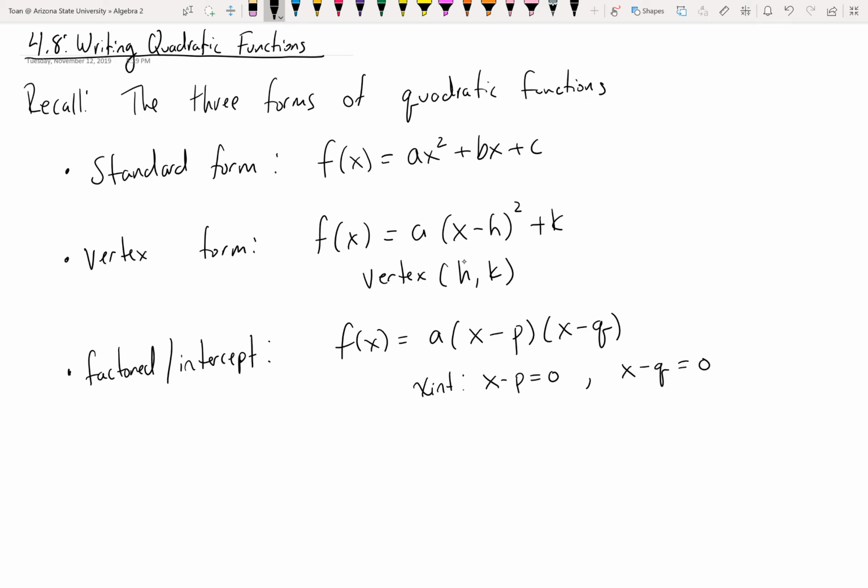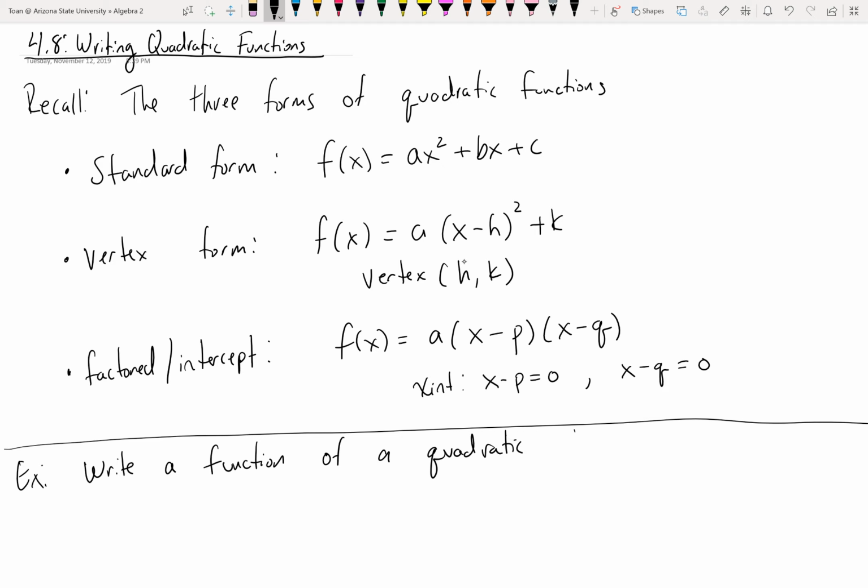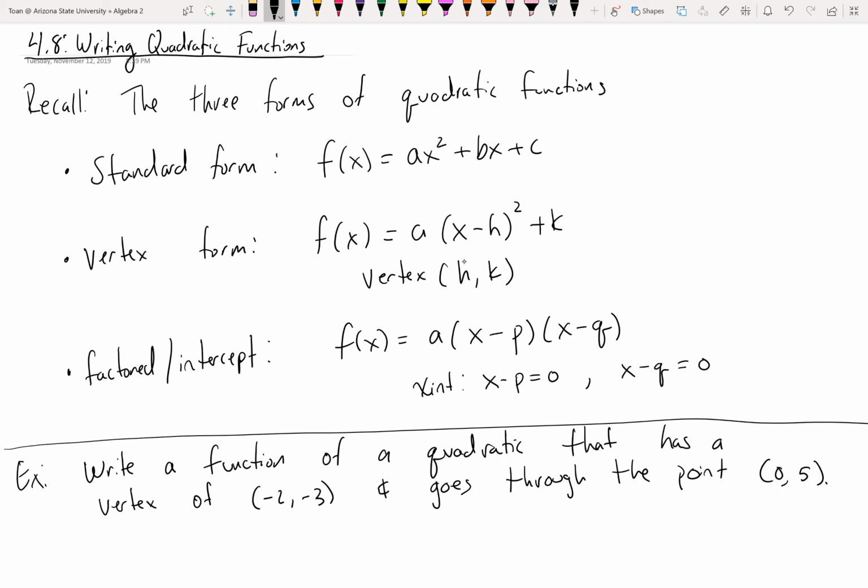Well, not surprisingly, what form we use will sort of depend on what information we're given. Let's take a look at an example here. Suppose I ask you to write a function of a quadratic that has a vertex of -2 comma -3 and goes through the point 0 comma 5.